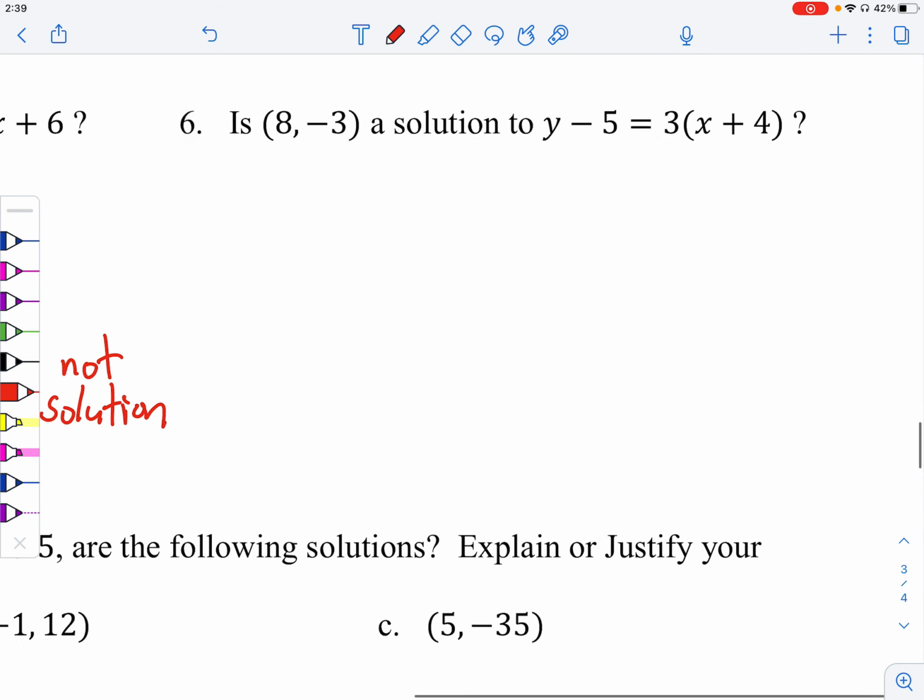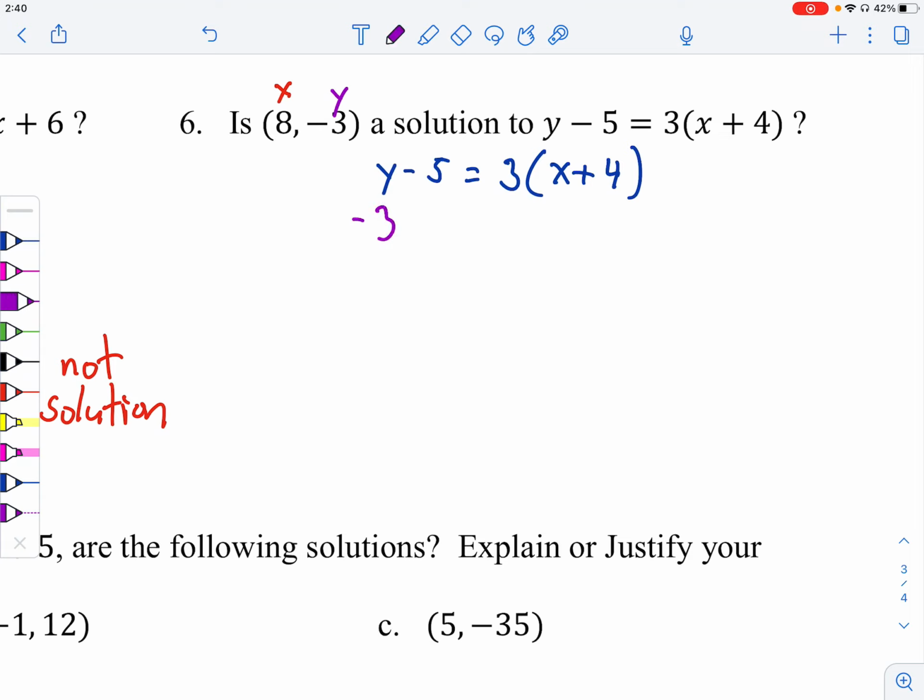Okay, number 6. We have x, y, and we have our equation. y minus 5 equals 3, parentheses x plus 4. So all we're doing is replacing our y value with negative 3 right there, minus 5, equals 3. Our x value is 8.